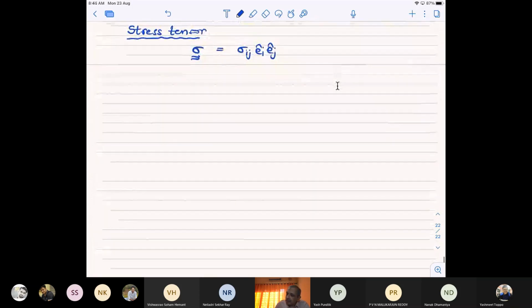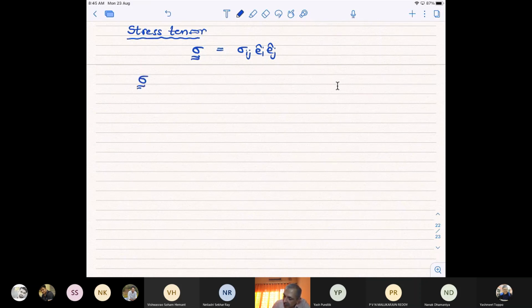Now we have already seen what this means. Essentially i and j are the components. There are two directions which decide what the components of the stress tensor are.